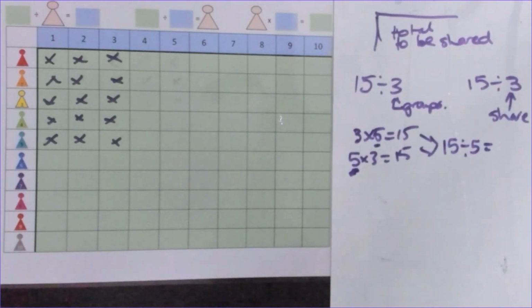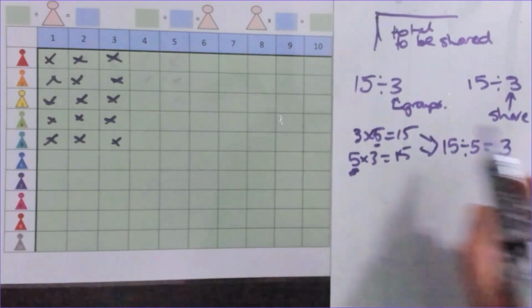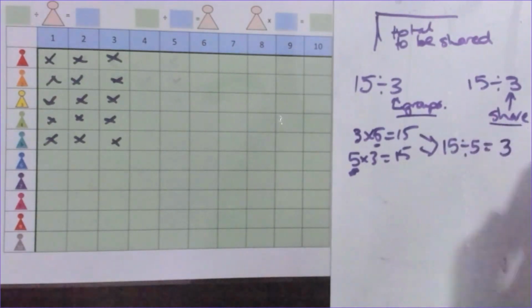You don't know that. All right, so that's what makes division tricky. And it doesn't matter because the answer either way is still 3. Okay, so we often use how many, but when I'm talking about groups, it's a how many. When I'm talking about the size of the unit, it's a share.